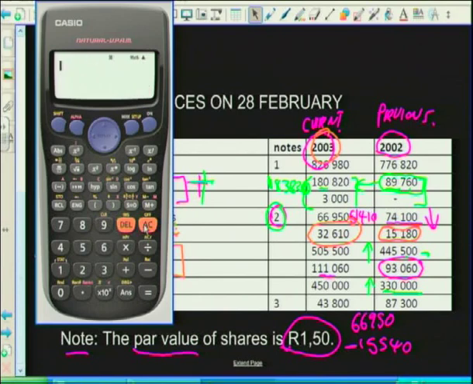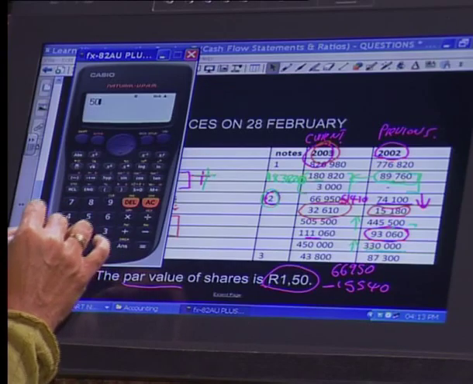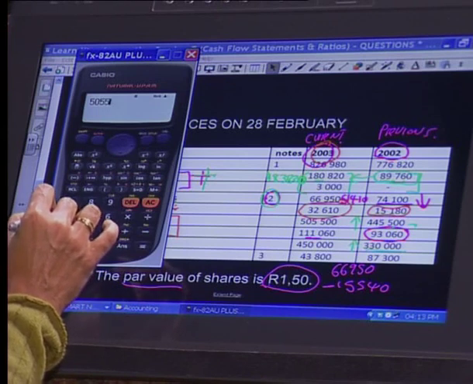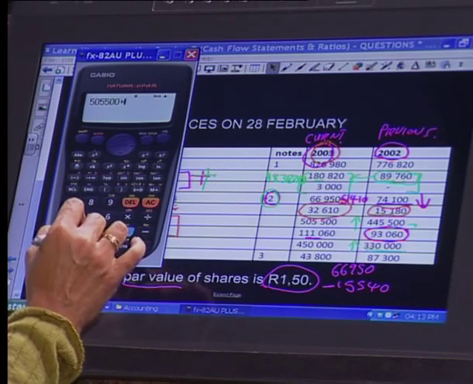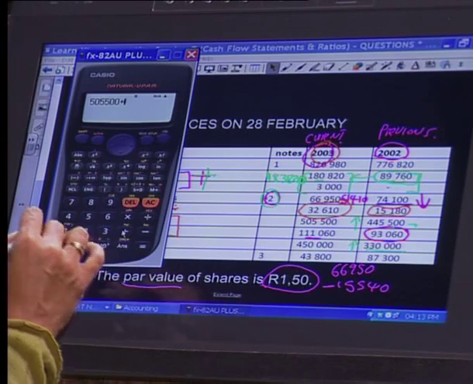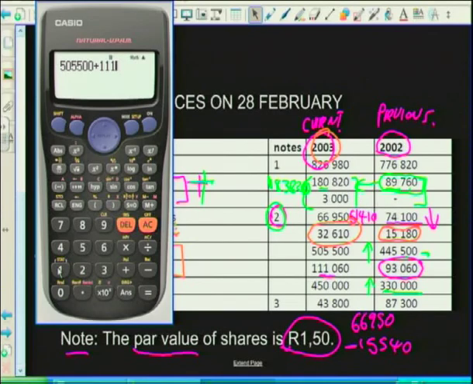My ordinary share capital is 505,500 plus my retained income is an amount of 111,060, and my shareholders' equity is a total of 616,560.